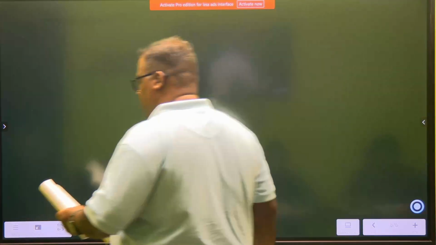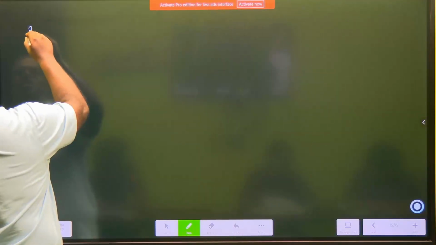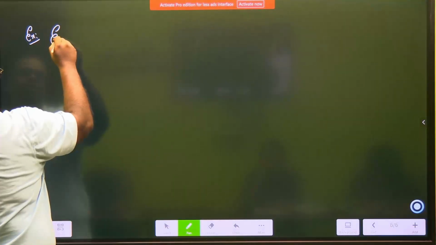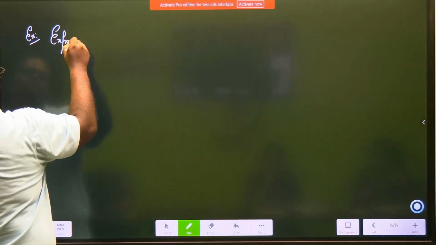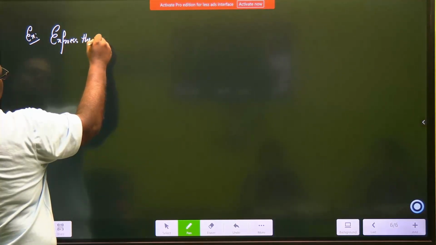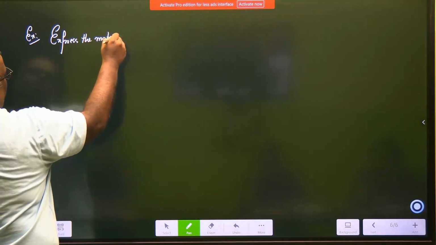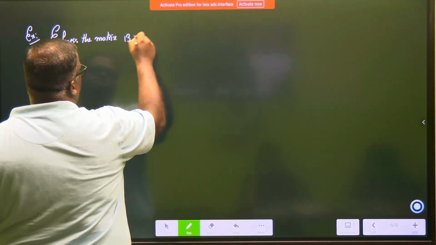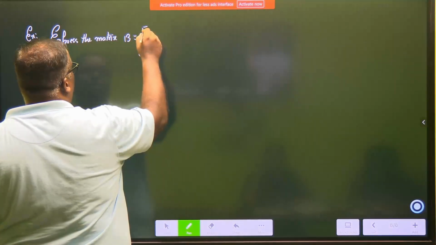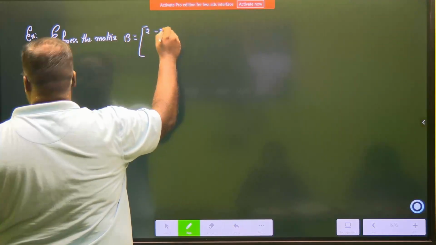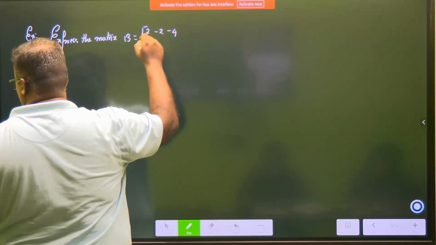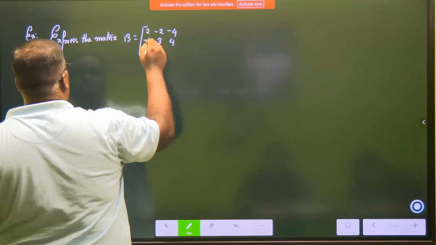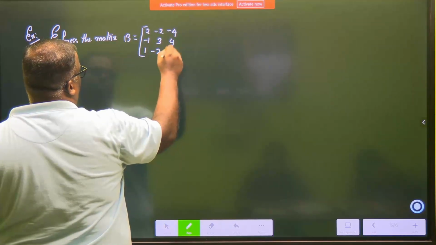Okay, now based on this, let's do a problem. Now these will be little bit long problems, but are very easy. Express the matrix B given by 2, -2, -4; -1, 3, 4; and 1, -2, -3.